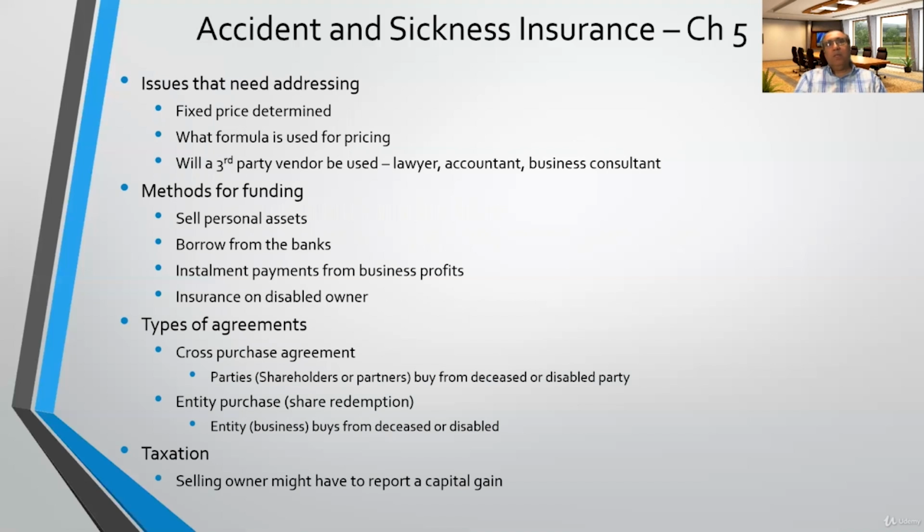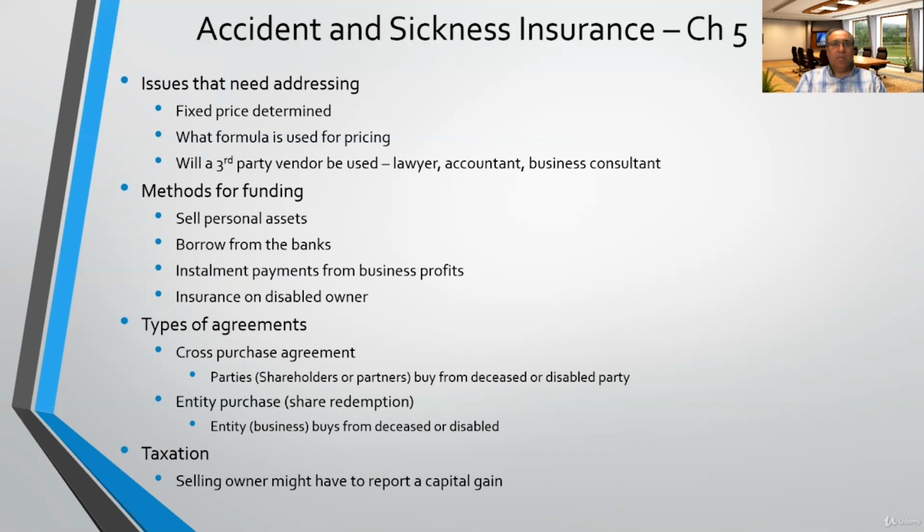And the methods of funding, so how can you fund this? One way is that a person may have to sell their personal assets, or they may need to borrow the money from the bank, or there could be installment payments from the business profits to the family. But of course, here we're talking about the best way for funding, which is to have insurance, this buy-sell agreement on the disabled owner.